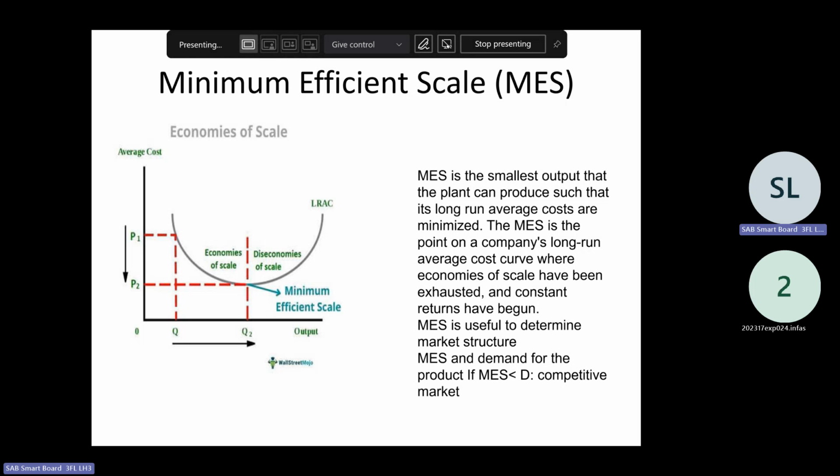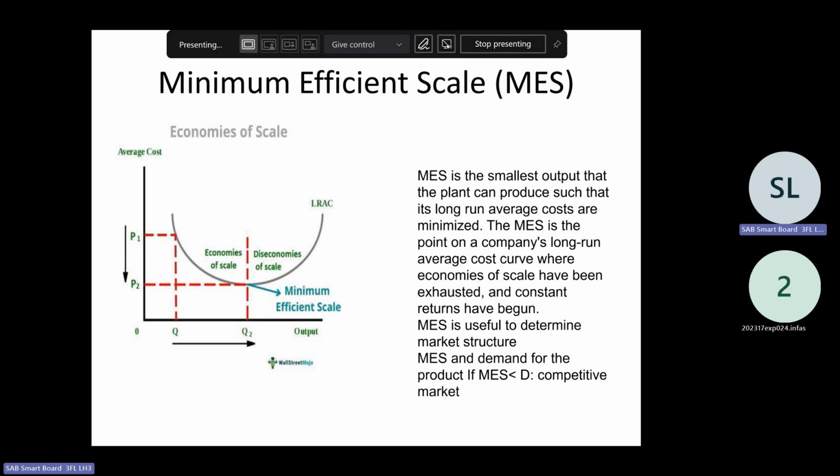So at this point, at the minimum point, we see the increase in returns to scale decrease. That means when the output level increases, the economies of scale reduce.